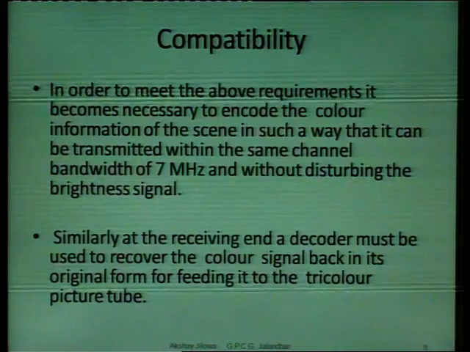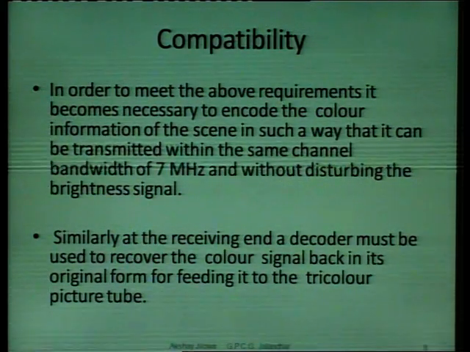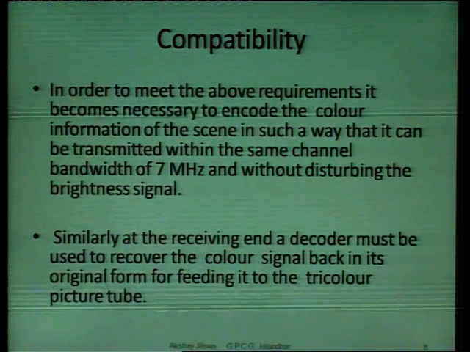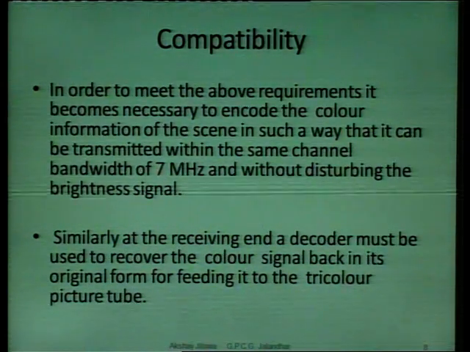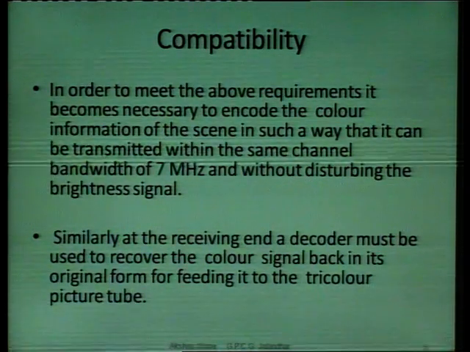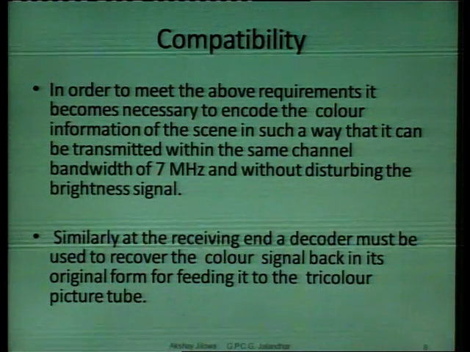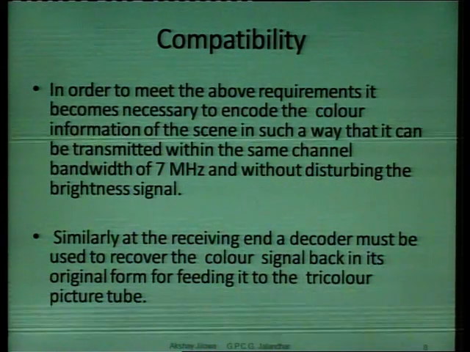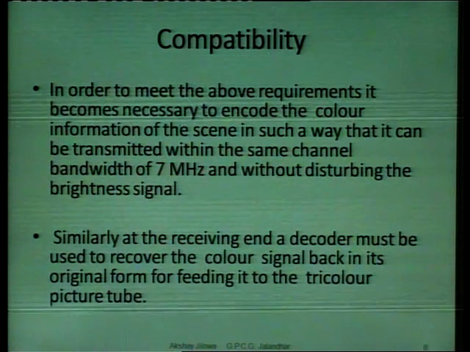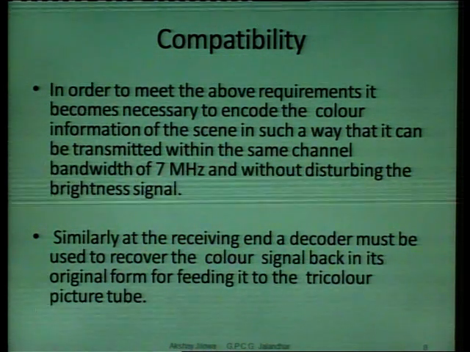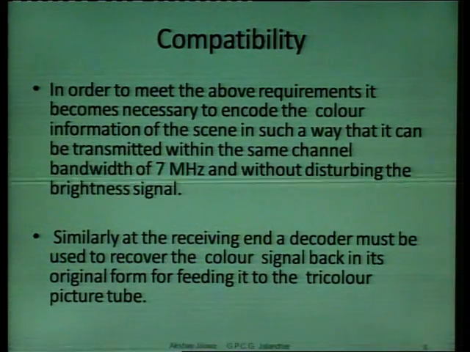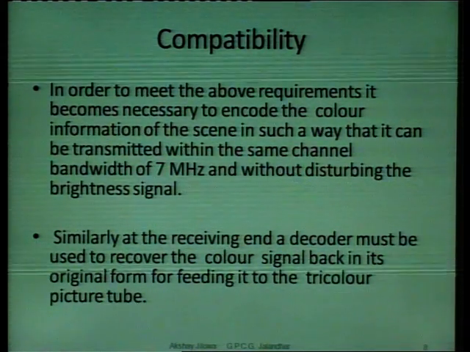So it is necessary that we encode the color information in such a way that it can be transmitted within the same bandwidth. The channel bandwidth for the system is 7 megahertz. So it should be transmitted within the same bandwidth, and when it happens, it will not disturb the brightness of the monochrome signal.